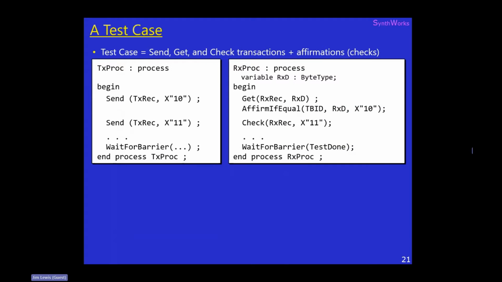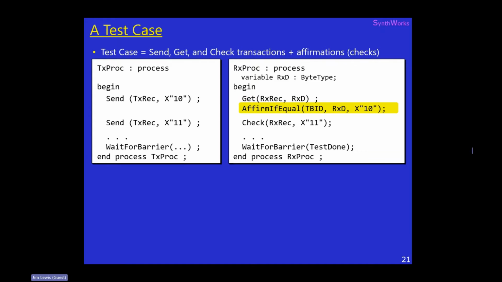Then we get into a test case. So a test case is calls to our transactions, such as send, get, and check. Also using OSVVM's affirmations for self-checking. The affirmations are just basically our checkers. Okay, so we do a send transaction that sends something to the DUT. And then coming out some other interface, we do a get transaction to receive things coming out of the DUT.